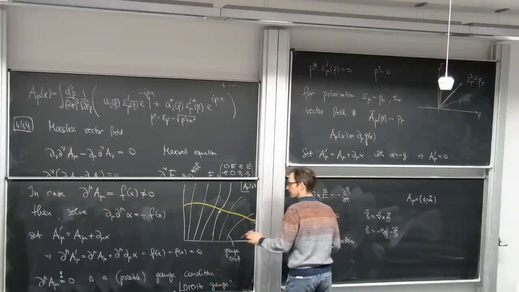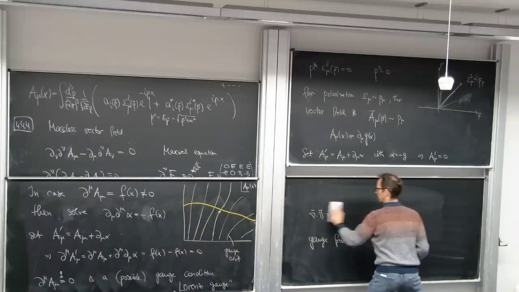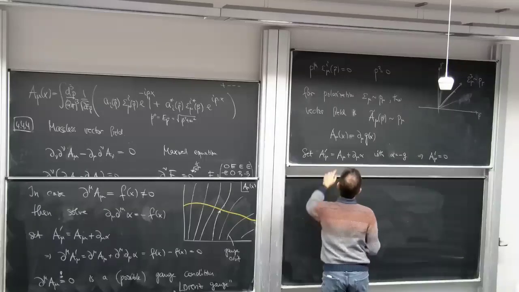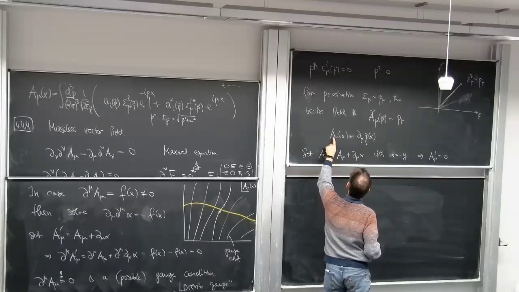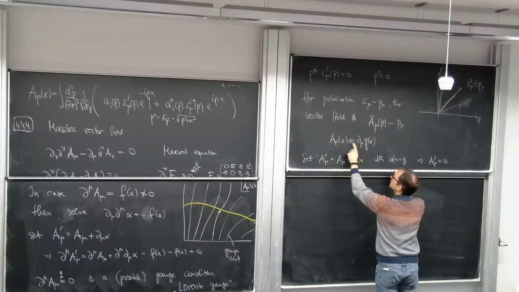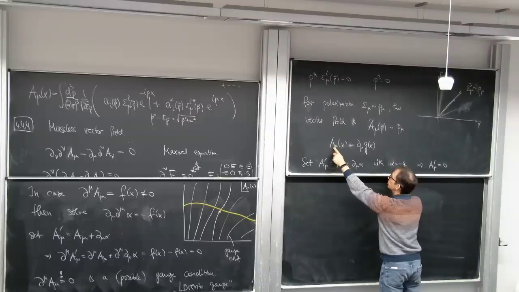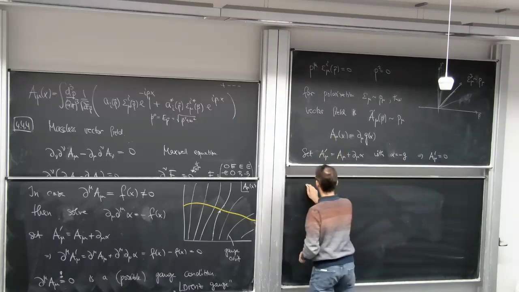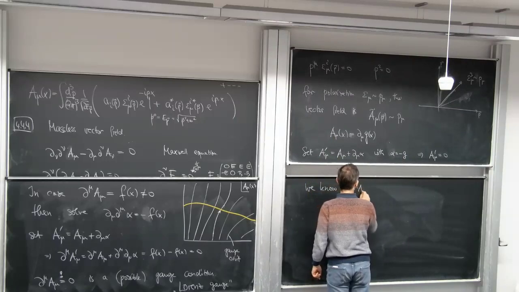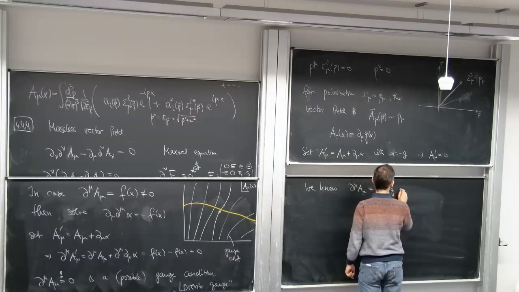But in fact, we don't spoil it, because if our A is of this form, and since this A was in Lorentz gauge, we know that d mu A mu equals d mu G is 0.